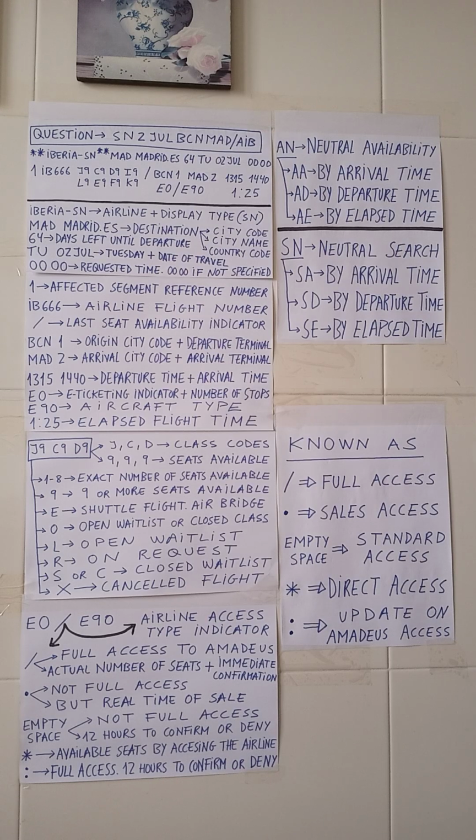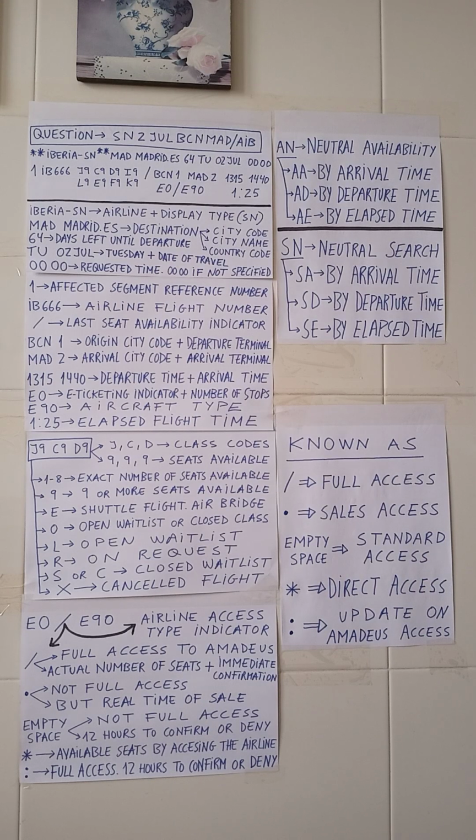If an asterisk appears instead of the bar, that means that we can see the available seats by going directly to the booking of the affected airline. The type of access that is represented by the asterisk is called direct access.